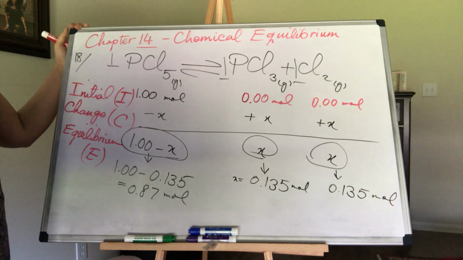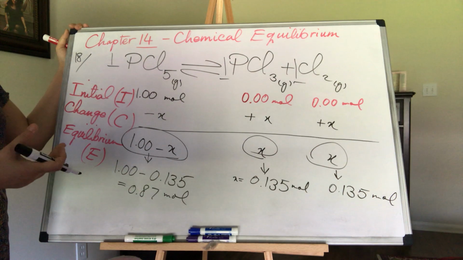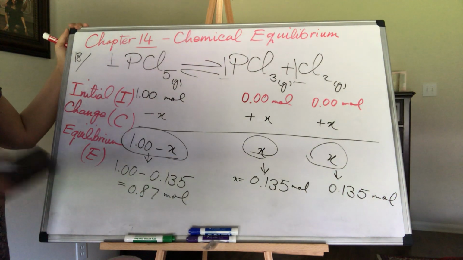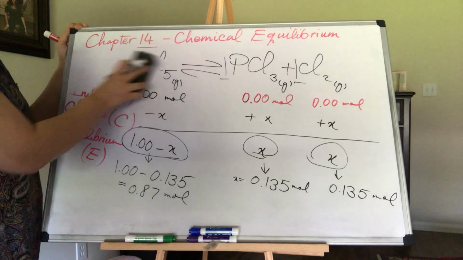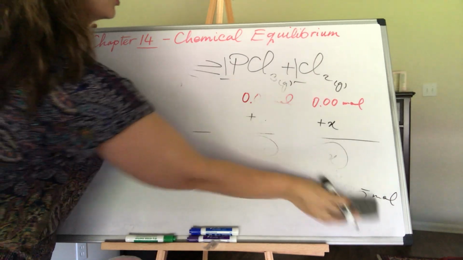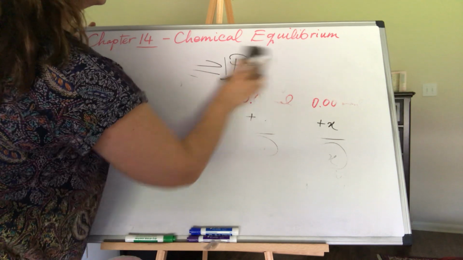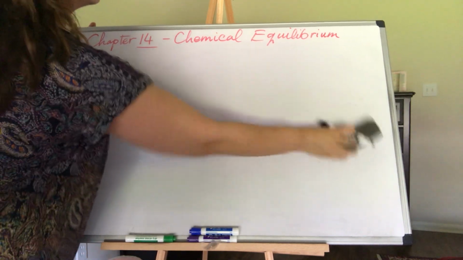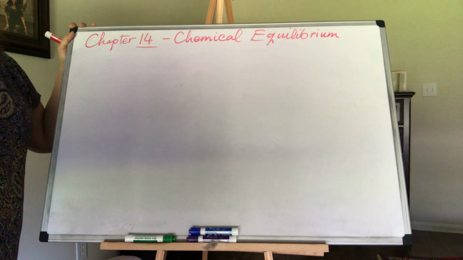That's the composition of the system. So whenever you have questions about the composition of the system at equilibrium, it means to report all the amounts for reactants and products at the end.